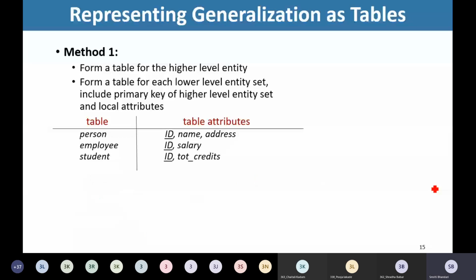Now, let us see how to represent generalization specialization in the relational table. We have two methods for converting specialization generalization into a tabular form.